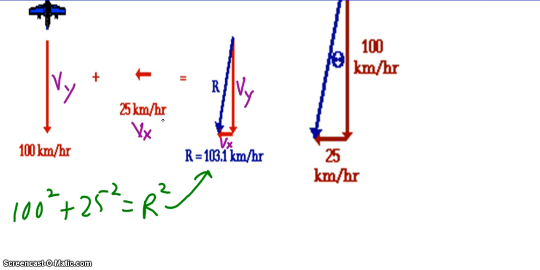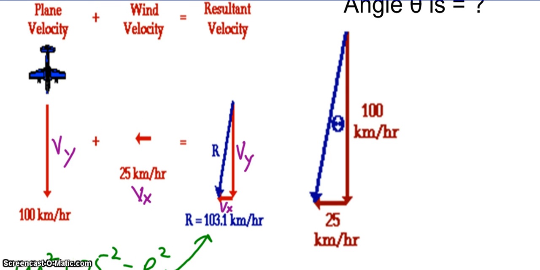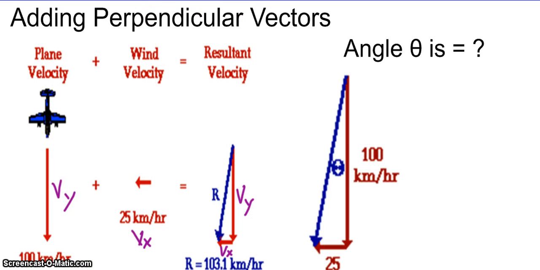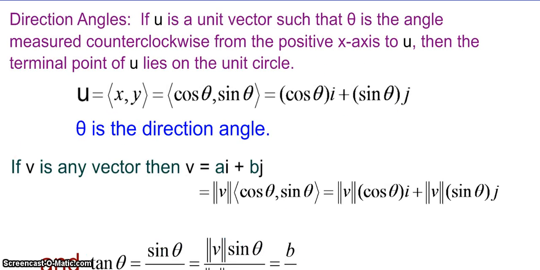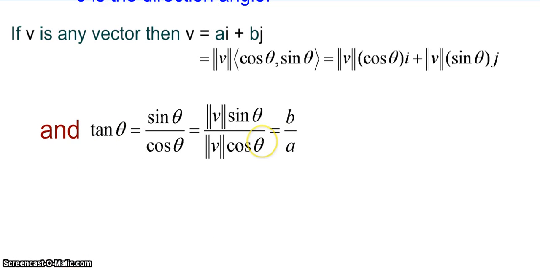Then what about the angle theta? If this is my angle theta here, notice that it is not based off of the unit circle at this point, but we can still find that angle using our relationship that we talked about 3 slides ago, where we know tangent of theta is b over a.